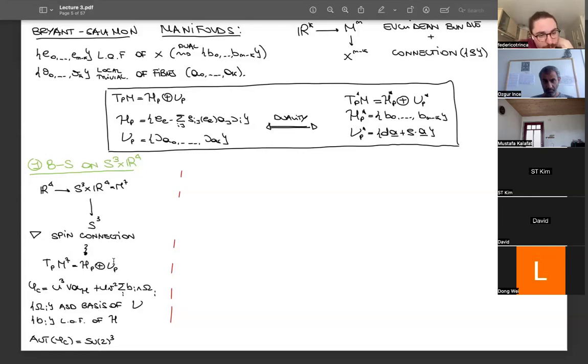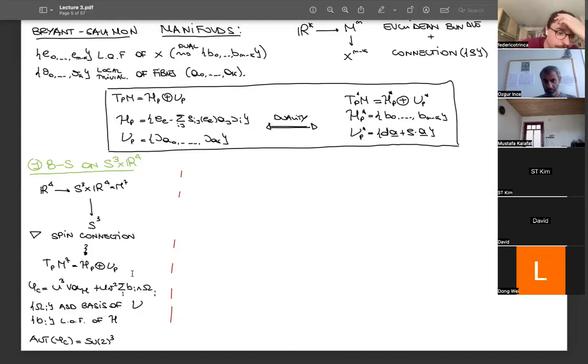By what I said before, the tangent space splits into a horizontal part and a vertical part, and you can write explicitly the three-form as u cubed times the volume of the horizontal part plus u v squared times the sum over i of b_i wedge omega_i, where the omega_i are the anti-self-dual two-forms on the vertical space.